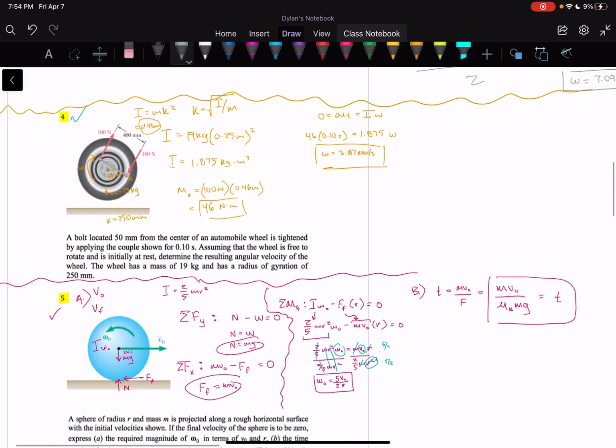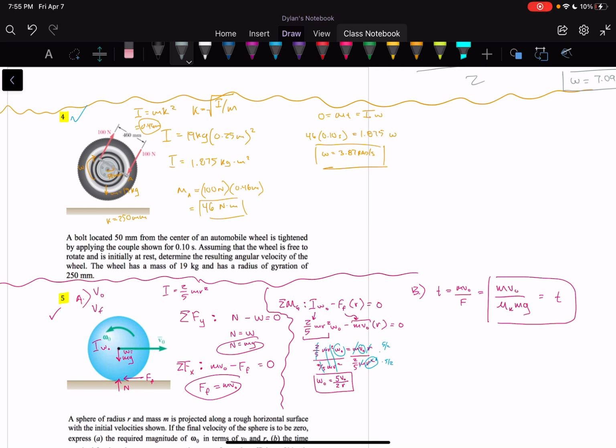Number 4, the bolt located is tightened, and it wants us to find the angular velocity of the wheel. So basically we would use the formula I equals mk squared, and we would resolve that or manipulate it and plug in our moment of inertia, and it does give us the radius of gyration, and we're able to plug that in for our K and solve for our mass.